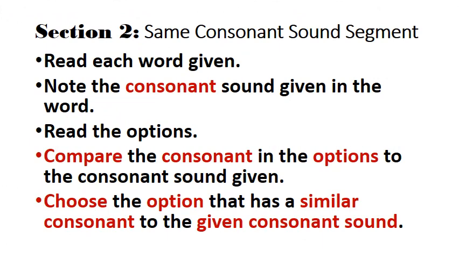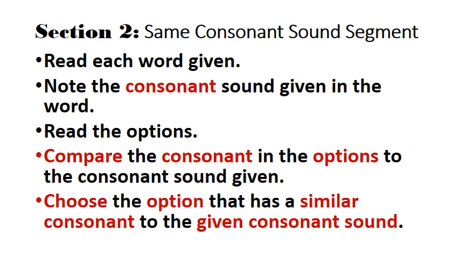The second section of the examination tests the ability to pick consonant sound segments. So as it happened in the case of the vowels, some letters would be underlined in given words, and the letters are supposed to lead to consonant sounds.